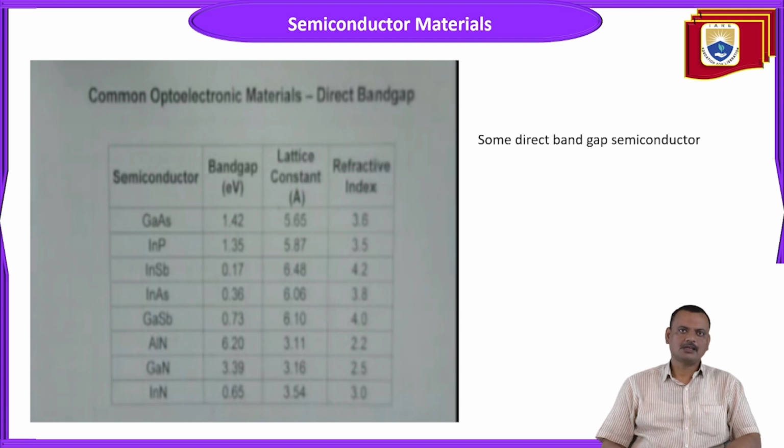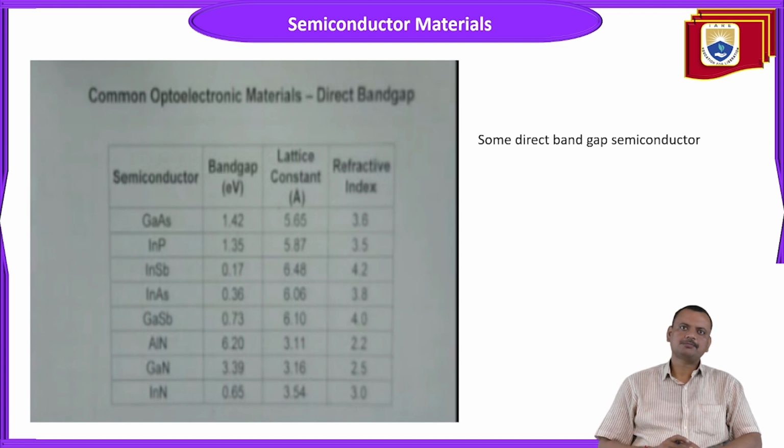For these last three, you can see their lattice constants are around 3 point something: aluminum nitride has 3.11, gallium nitride 3.16, and indium nitride 3.54.